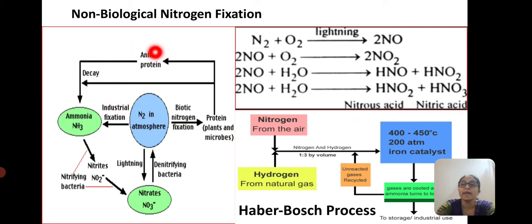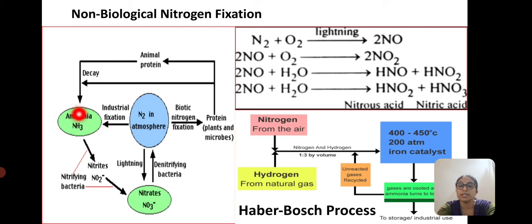they convert into acid rain, which is deleterious for agricultural lands. And coming to the overall picture of non-biological and biological nitrogen fixation, we can quickly see: atmospheric nitrogen, the inert nitrogen with N triple bond N, when fed with hydrogen in industrial fixation, changes into ammonia, utilizing a lot of energy.